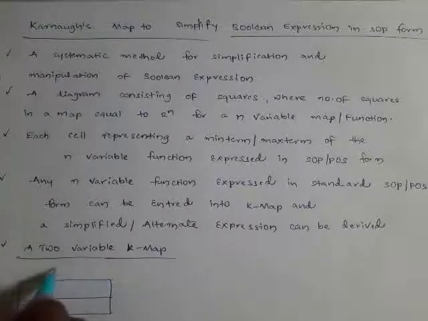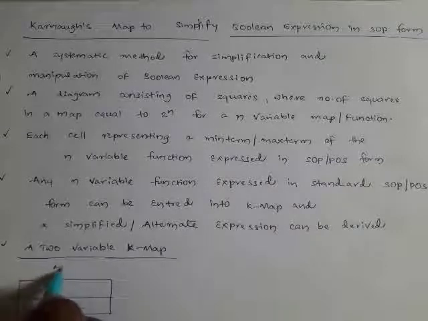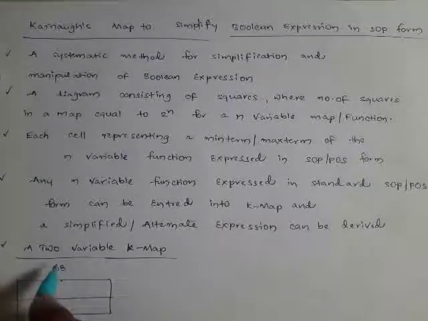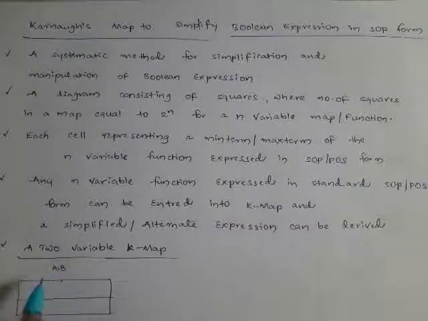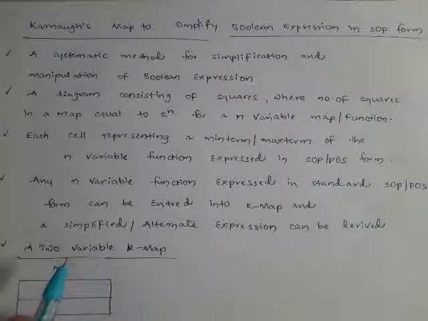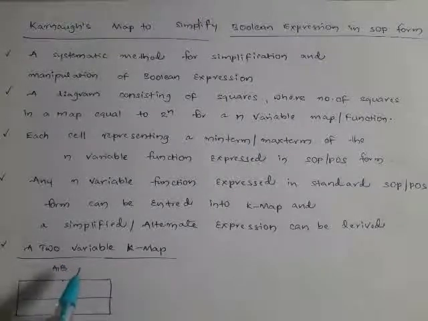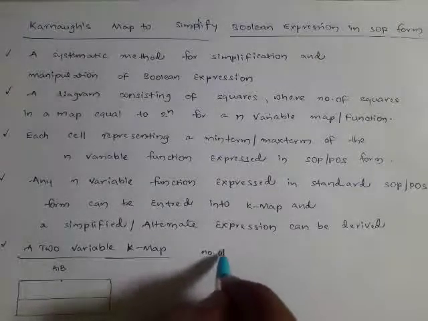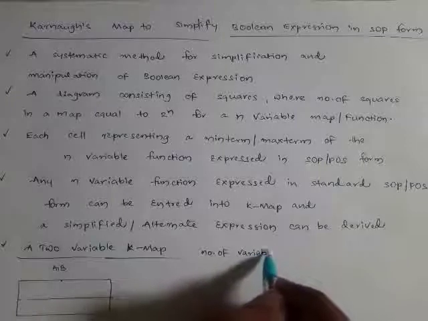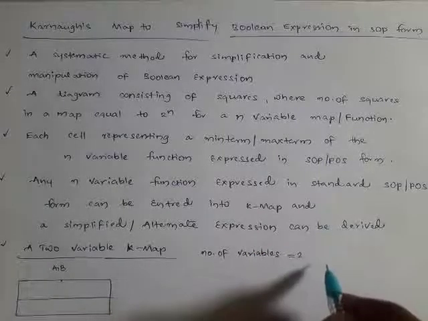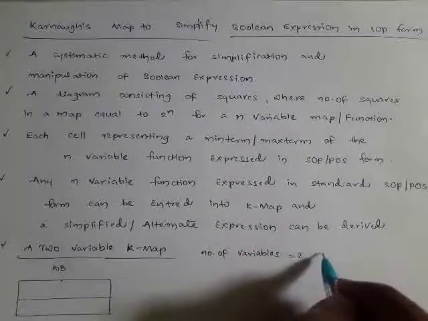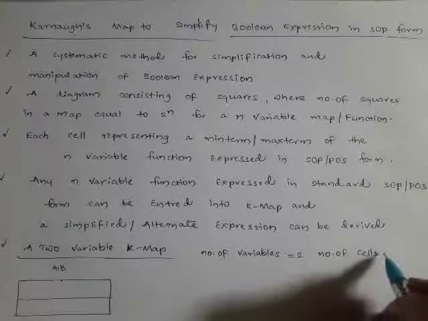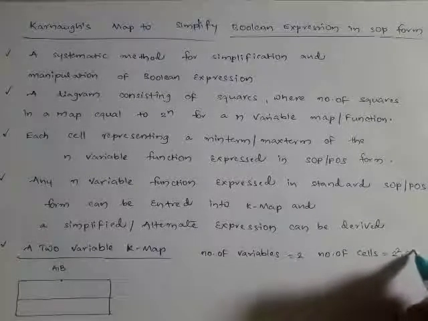So if I assume that the variables of the function, the Boolean variables on which the function depends, are a comma b, then it's a 2 variable function, so the number of variables here is 2, and the number of cells equals 2 raised to 2, which is 4.